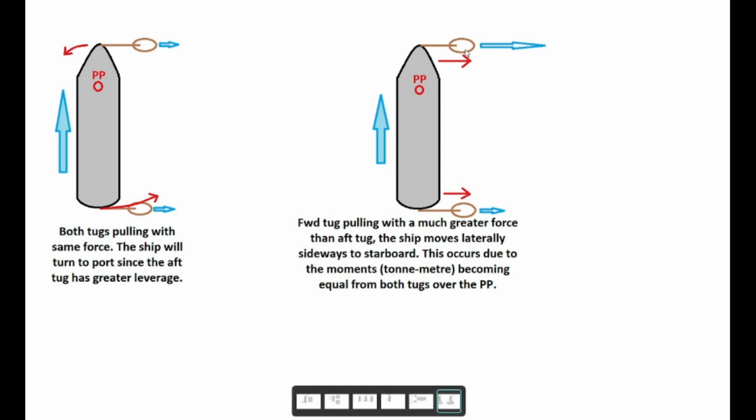The forward tug is less distance, but more power. And so it's a balancing game. If you can balance this right, you can have the ship move sideways. And I've seen often in real life ships moving sideways simply using the forward tug using approximately 3 times as much power as the aft tug.